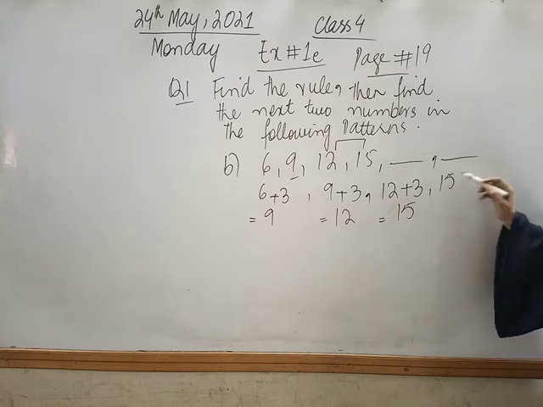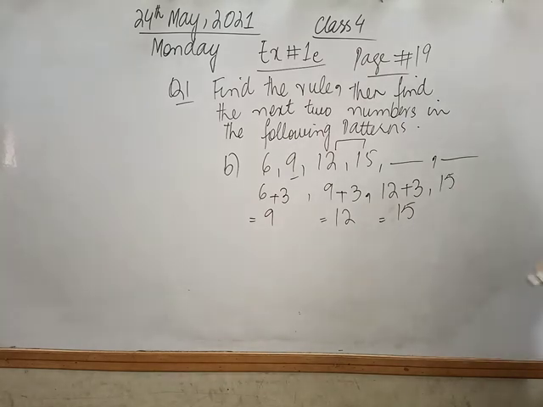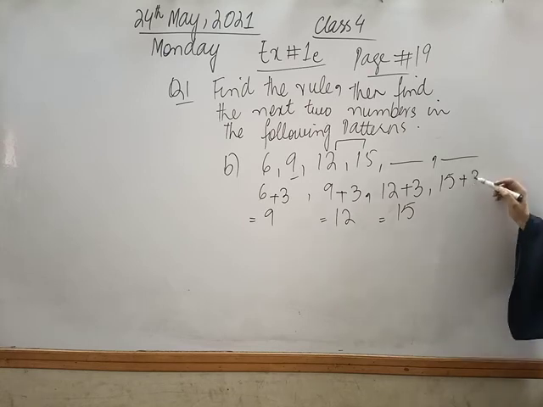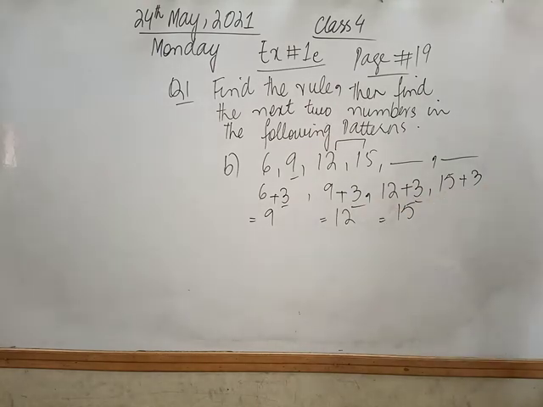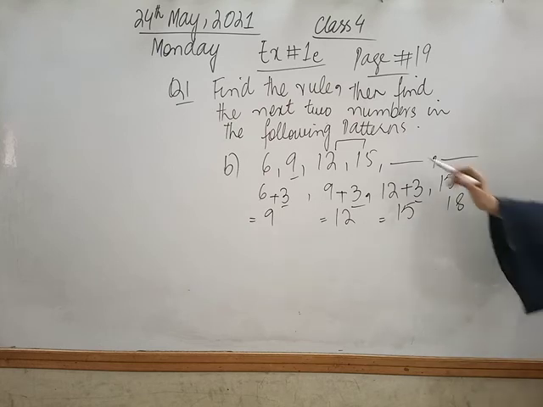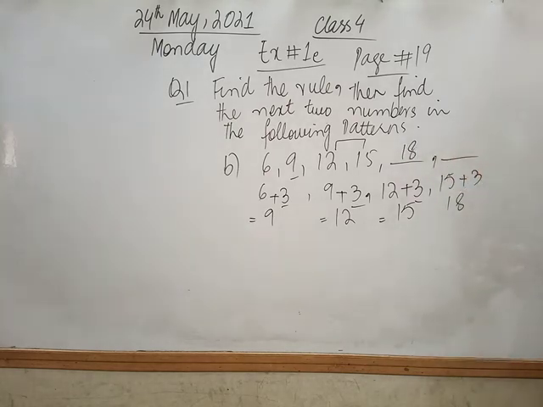What number will you add to make the next term? Very good. 3. Why did we do that? Because in this sequence the same number is repeating, and its difference is 3. So that's why we will add 3 to it. 15 plus 3 is 18. I will write 18 in this blank.